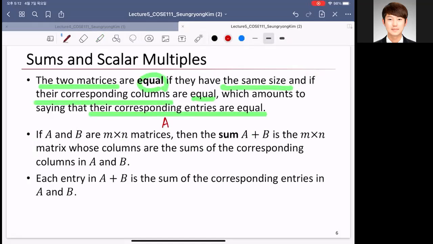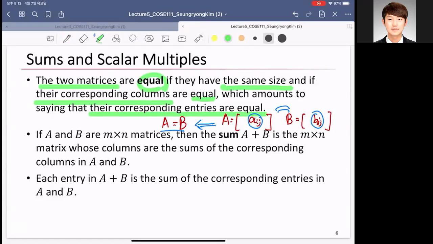We can say that matrix A equals B if each entry Aij in A and each entry Bij in B are exactly the same and the sizes are the same. So matrix A equals matrix B.